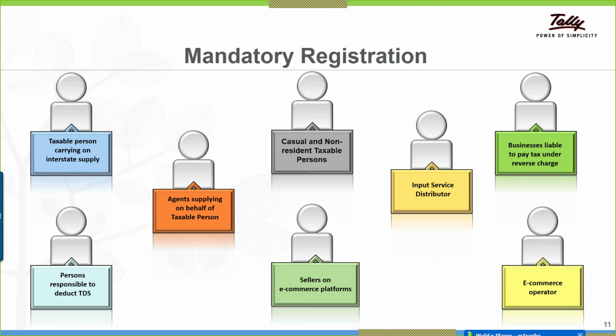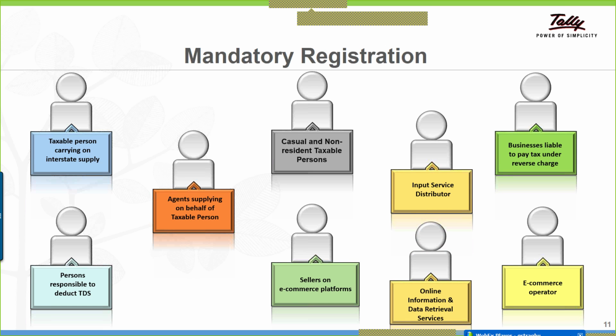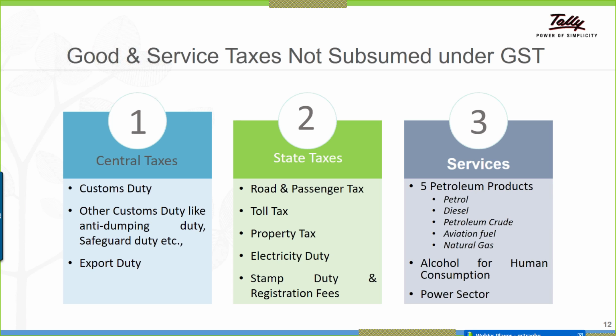Okay, so this is the mandatory registration for the traders. The last one, online information and data retrieval services like Google and any data retrieval services are also supposed to come under GST. Next, goods and services tax not subsumed under GST. There are a few taxes which still continue even if GST is there. With regard to central tax, custom duty, when you are importing from outside the country, custom duty needs to be paid, and other tax.